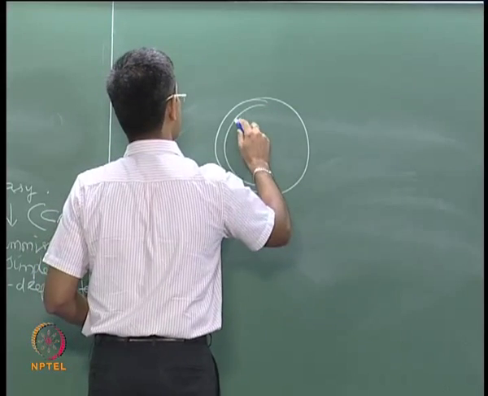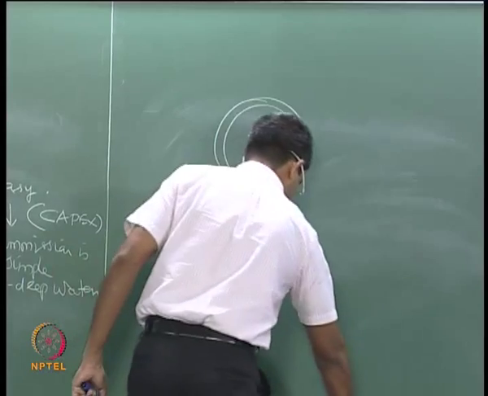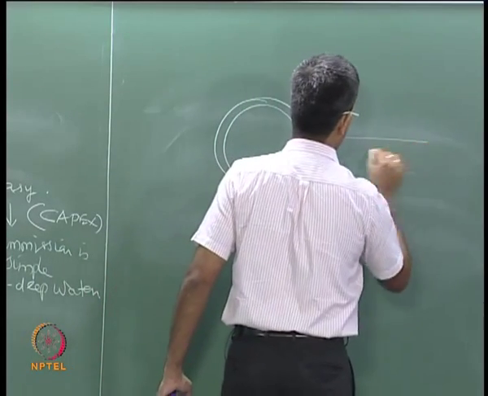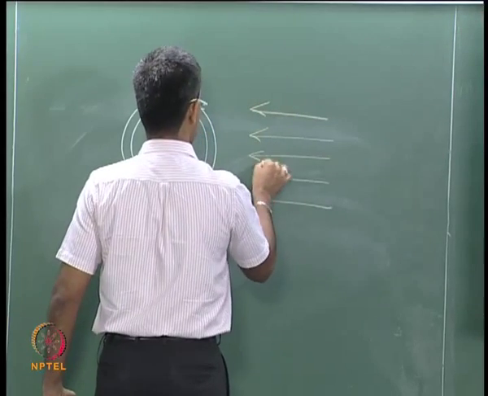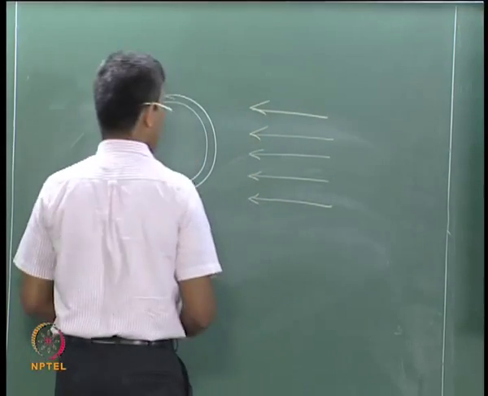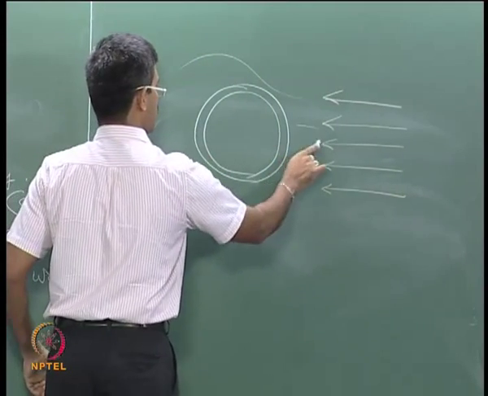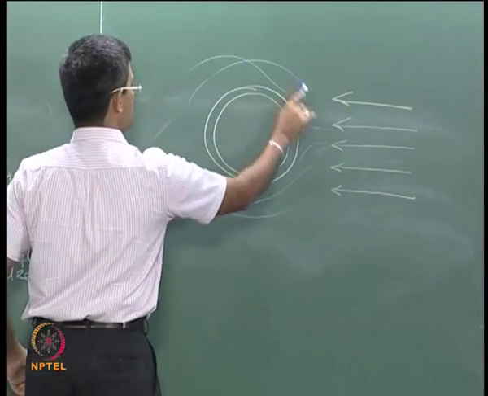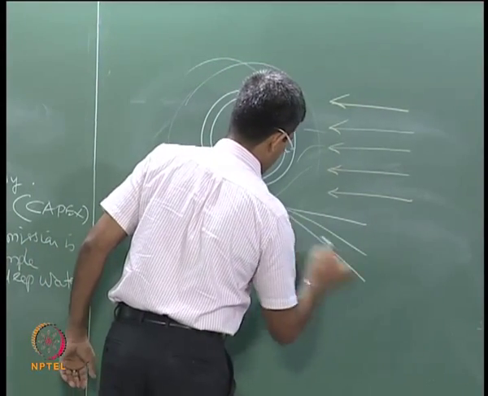Usually offshore structures are circular in diameter and they are hollow, and this is my fluid flow field. It alters the characteristic of the field in the vicinity of this. So it influences many factors.